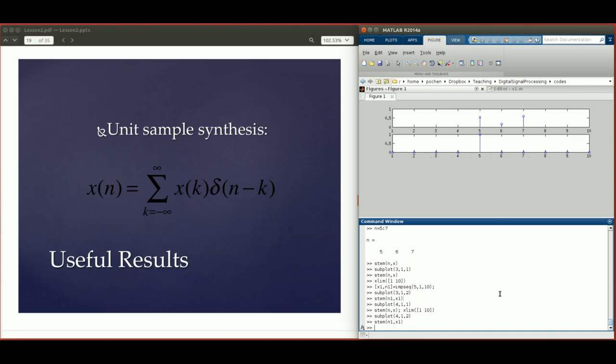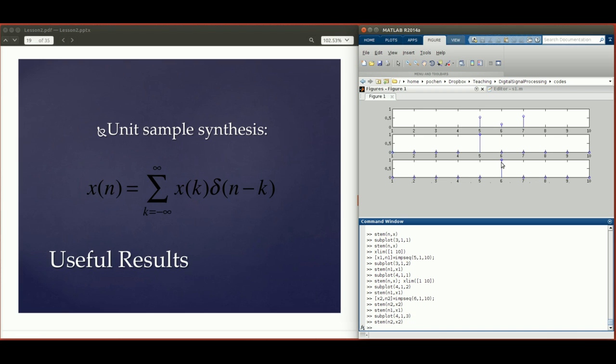Now let's generate the second pulse, x2, n2 equals impseq, with a shift of 6, and the range still from 1 to 10. Stem n2, x2. Sorry, I should switch to a different subplot. Again, it has an amplitude of unity.